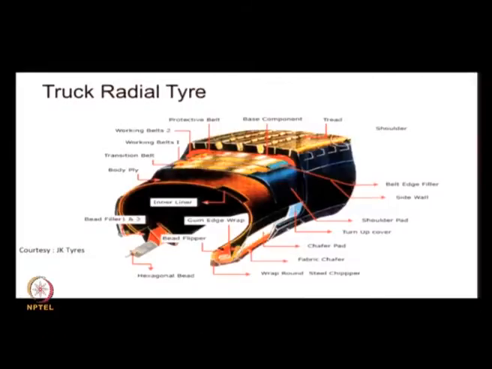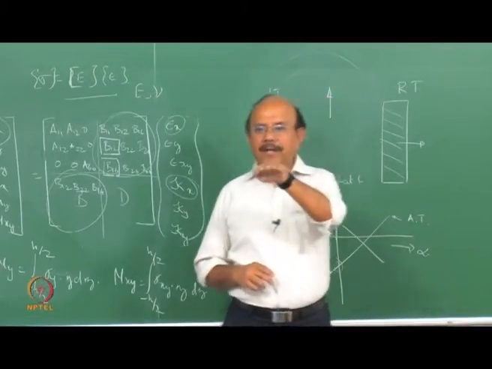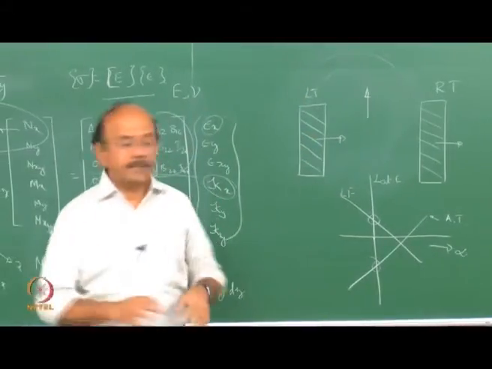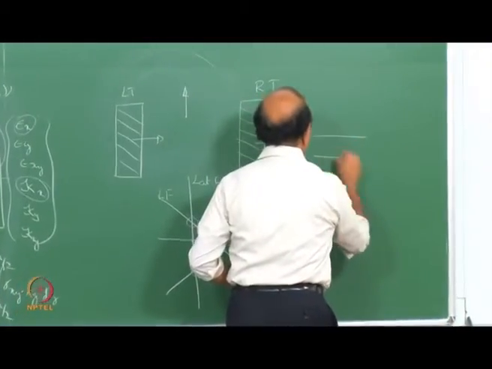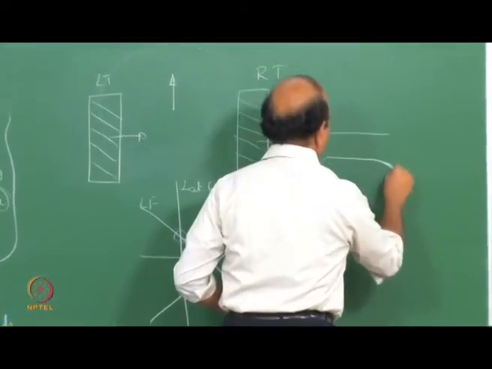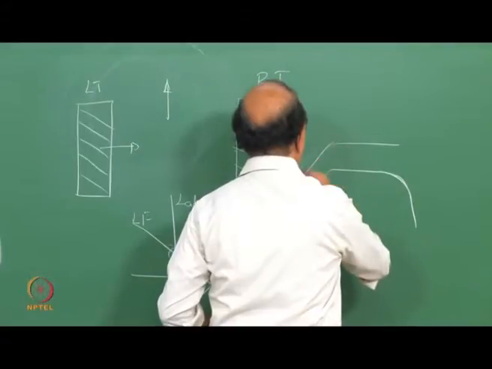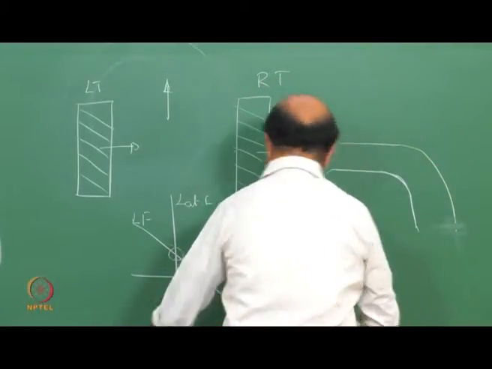So assume for a minute that the belts are not aligned exactly at the center. In other words, suppose I say that I cut this tire. Let's forget this part of it.